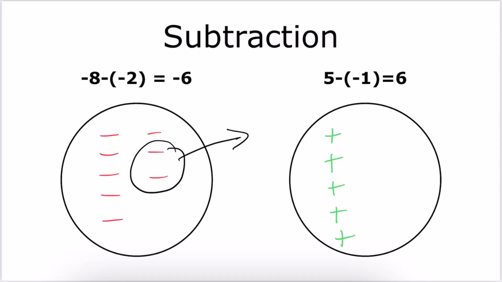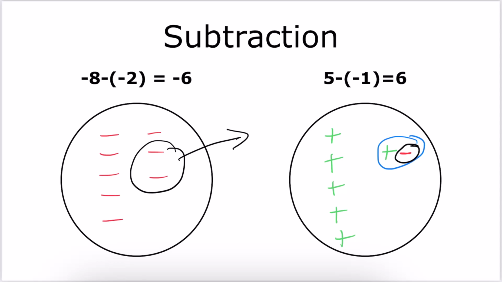And so this is where you would need to take advantage of the fact that a positive and negative together makes 0, because the fact that they equal 0 means that I could add a positive and negative to my picture without changing the overall value of my picture, because this pair would equal 0 and 5 plus 0 is still just 5.